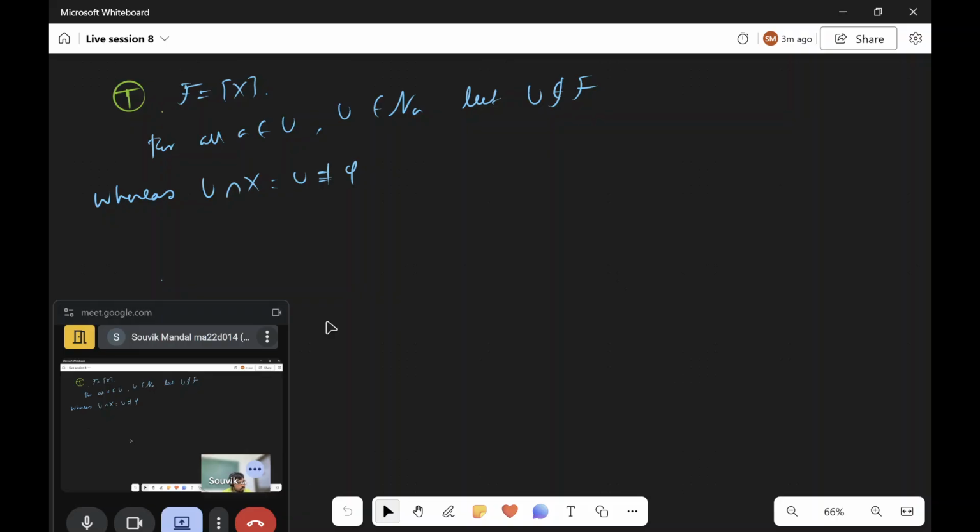So before going to the practice assignment eight, let me do some questions. The first question is: suppose X and Y are both second countable.